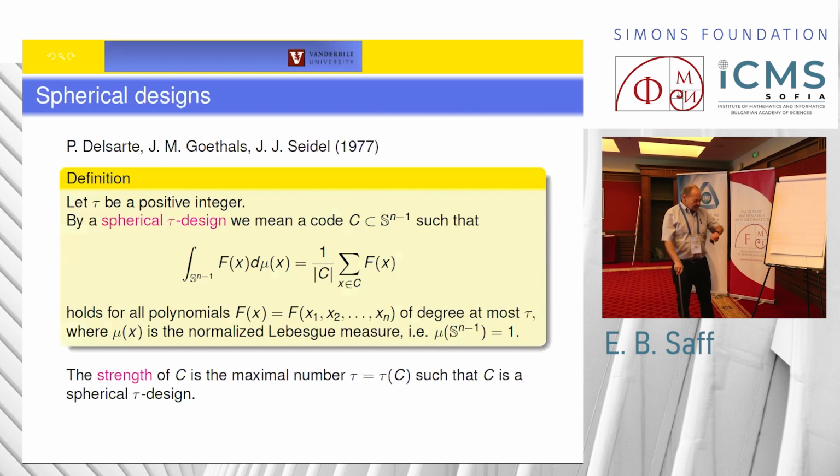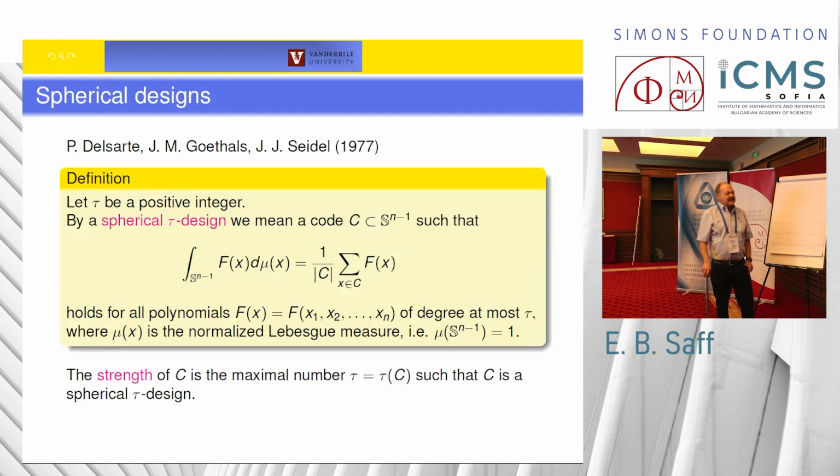Okay, so now let me get to the heart of the matter, which has to do with polarization for spherical designs, spherical tau designs. So probably we all know what a spherical tau design is. First of all, we're talking about a code C on the sphere of dimension n-1.